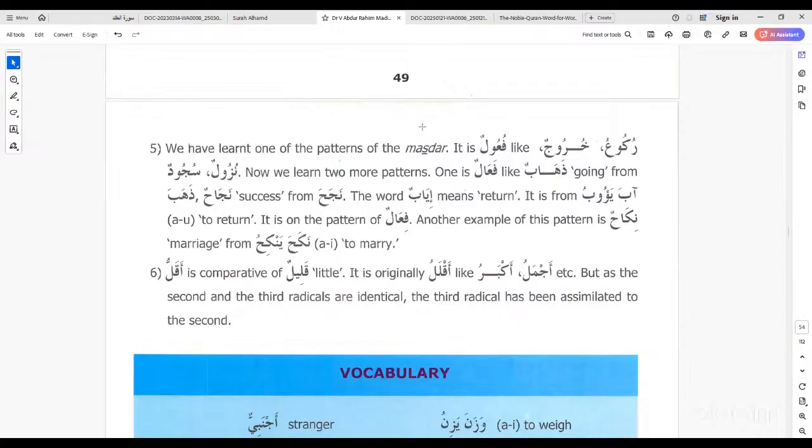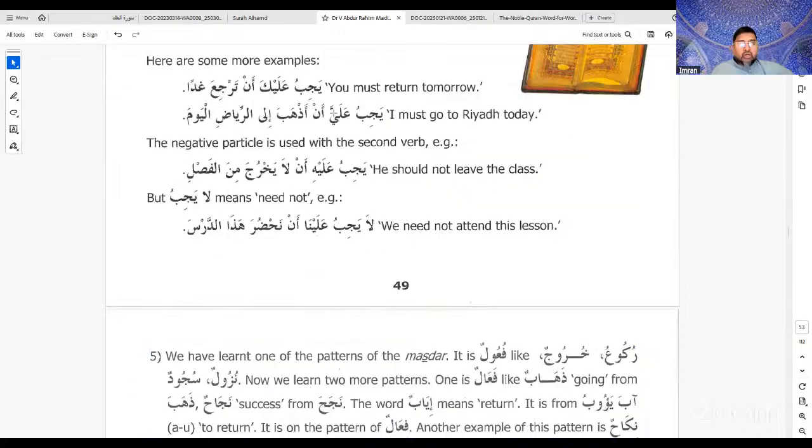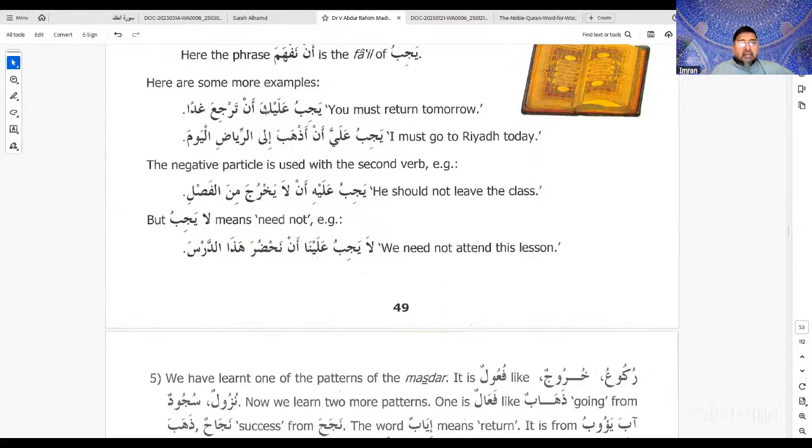Assalamu alaikum, Sheikh. So let me add one more thing. When we see an yajibu alayka an tarji'a ghadan, it is obligatory to return tomorrow. So when we say to return, to go, to not leave, to be present, all of them are coming in the meaning of the masdar. Masdar does not indicate present or past tense.